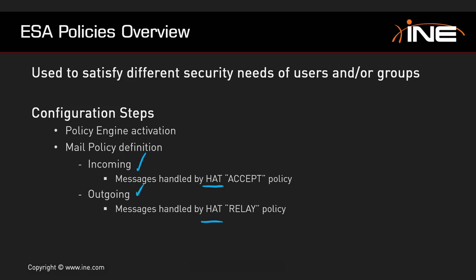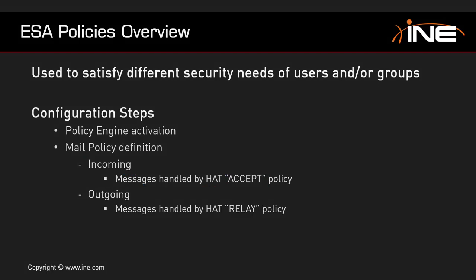As we discussed in the previous session, whenever we have a match in a mail flow policy configured with the accept action, we will treat the connection as incoming, versus when we have a match with a mail flow policy configured with the relay action, this is what we will then hand to the outgoing mail policy, or just policy engine table.